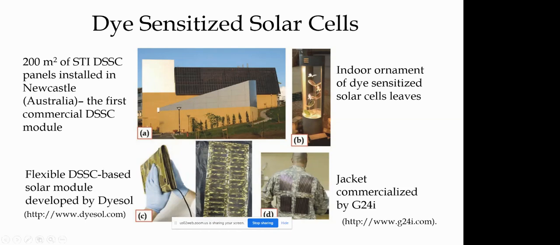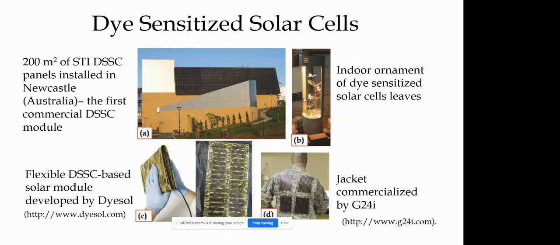Where you cannot carry batteries, where you cannot carry heavy electricity requirements. So these are very flexible. You can integrate them with clothing, and with flexible substrates. Even indoors, you can integrate them with your aesthetic look, so that they can simultaneously generate electricity without any cost, and also provide an aesthetic look.